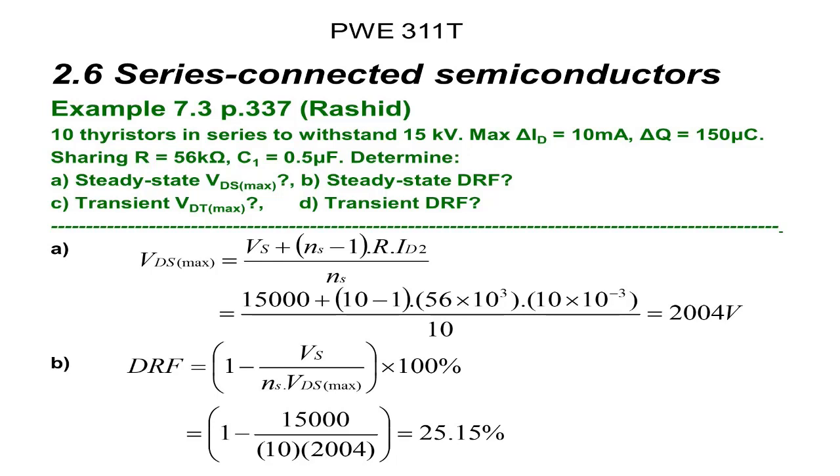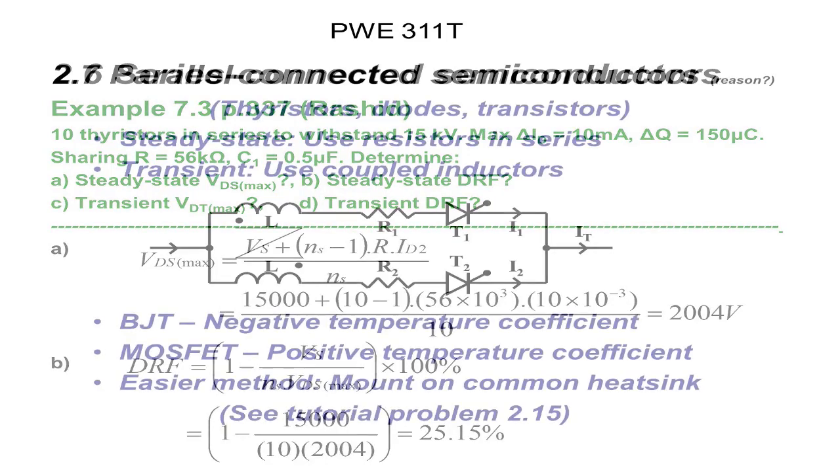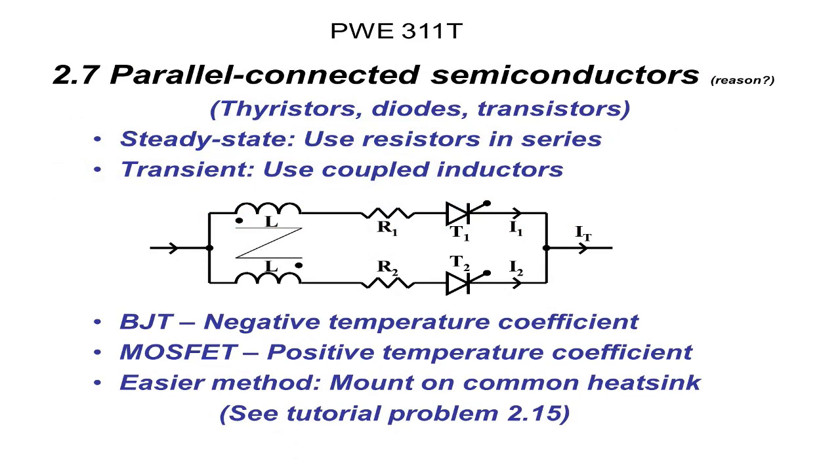So the peak inverse voltage is about 15,000. So 15,000 plus 10 minus 1 times 56 times 10 to the power 3 times 10 to the power minus 3 times 10 times 10 to the power minus 3 divided by 10, that gives you 2004 volts. Then you can now calculate the derating factor. That's 25.15%.